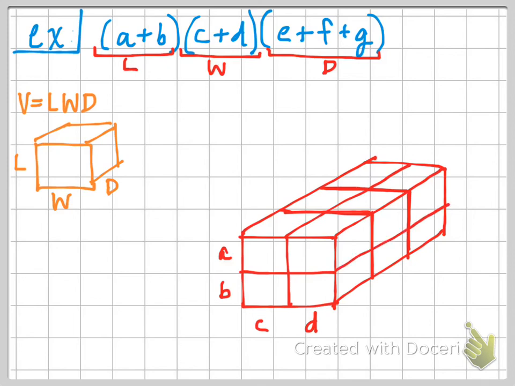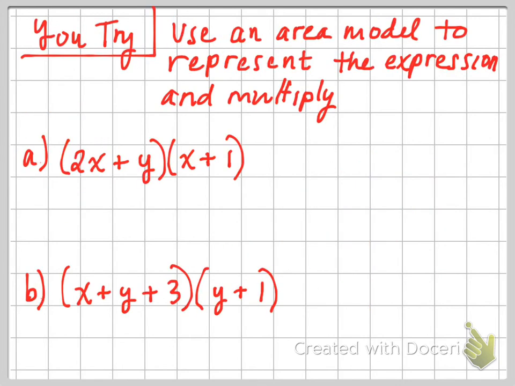So then this would be my E, my F, and my G. And then we can imagine multiplying to get the volume of each of the individual cubes that makes up this entire shape. But we're not actually going to do that multiplication right now. I just wanted you to get an idea of how we might represent it.